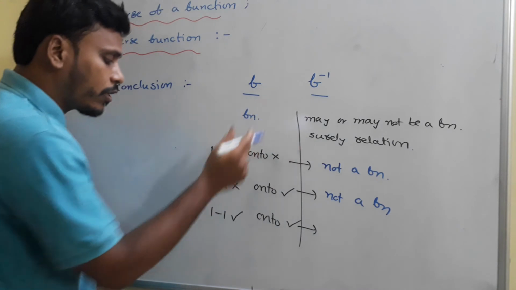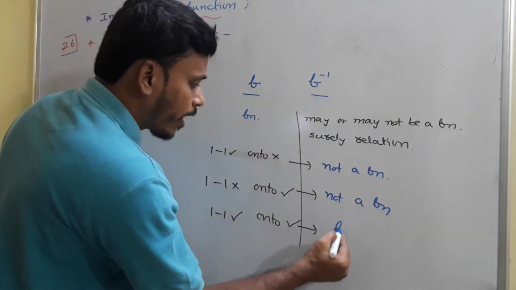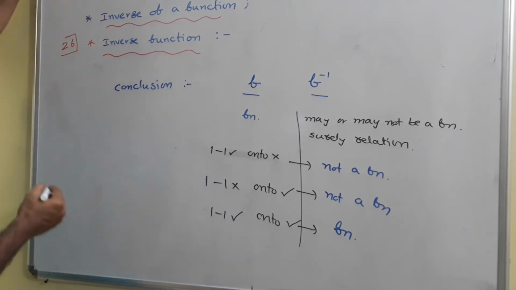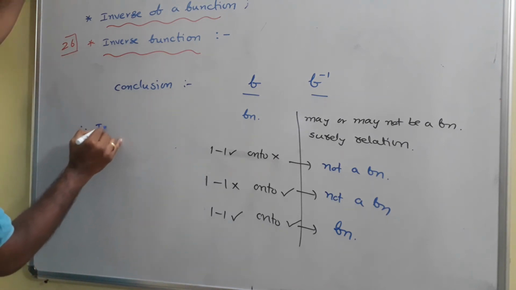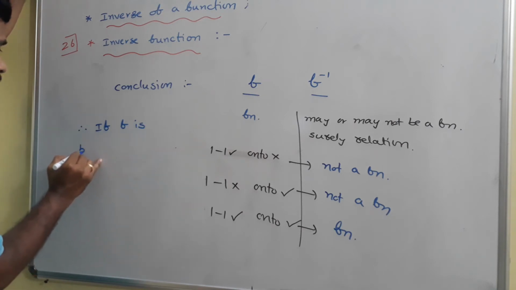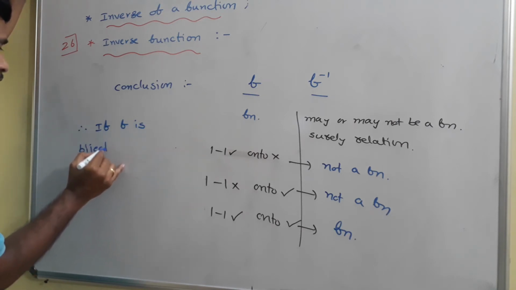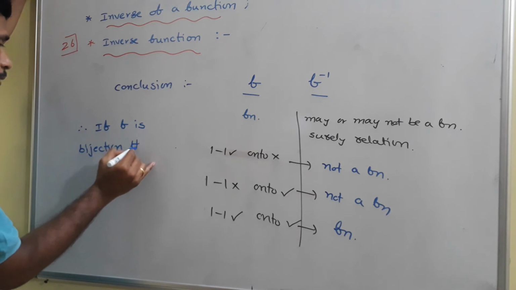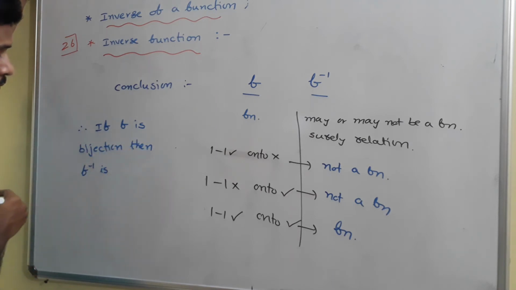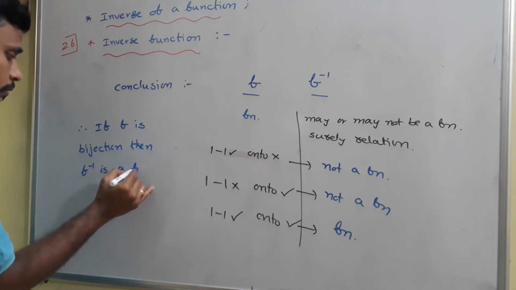But if f is both 1-1 and onto, then only it becomes a function. So what I need to conclude once again: if f is a bijection, then f inverse is a function.